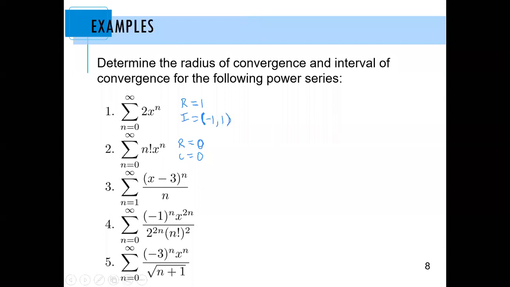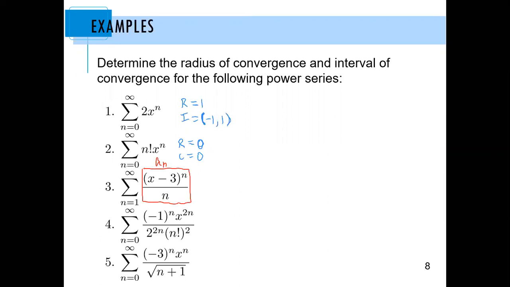All right, let's talk about this. What did you guys do? So if you think of this as being like a_n, what did you find to be easier, ratio or root? Root? All right.